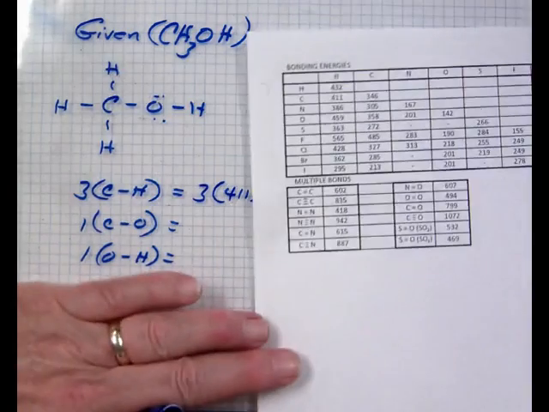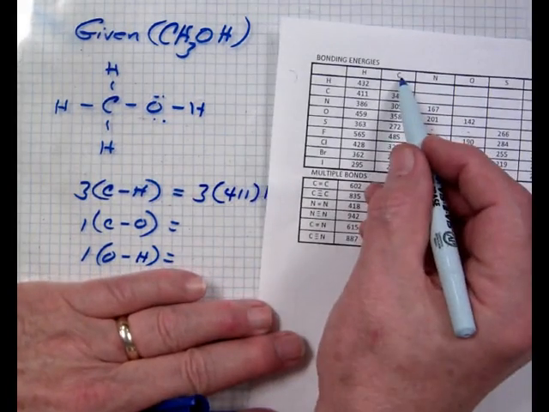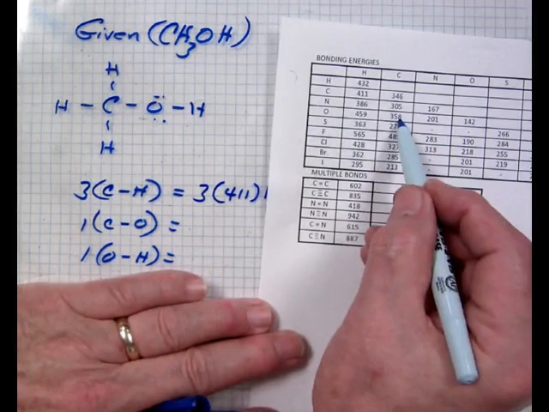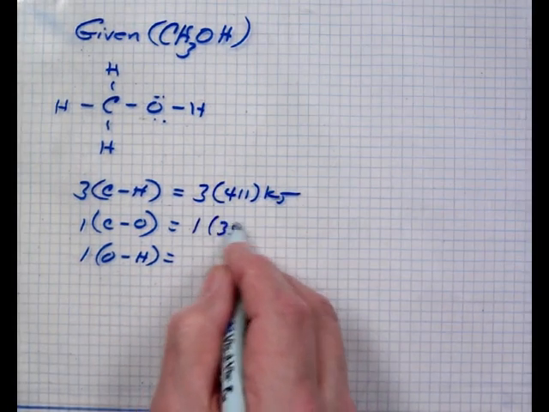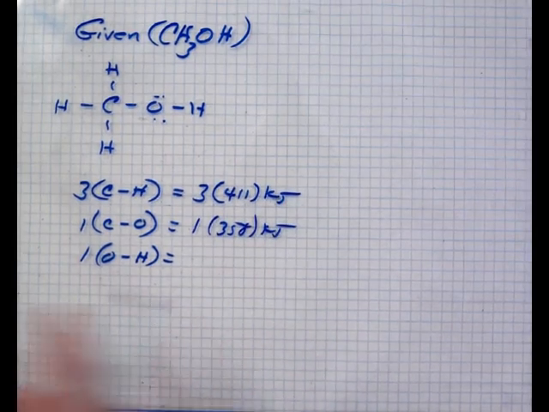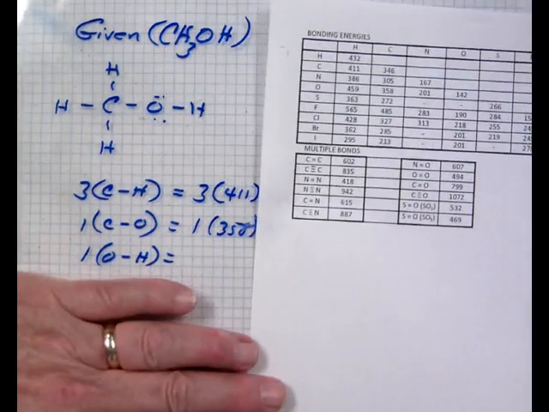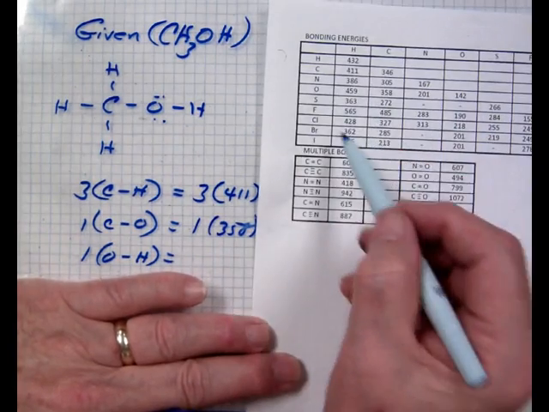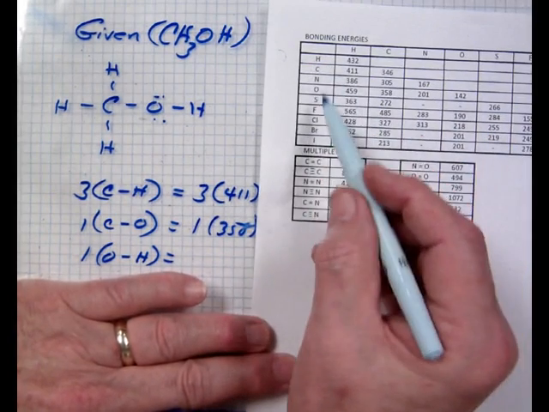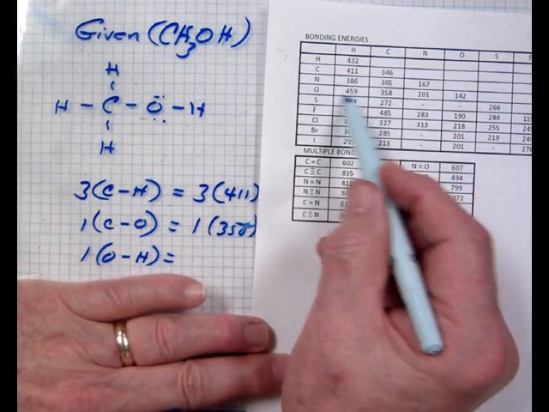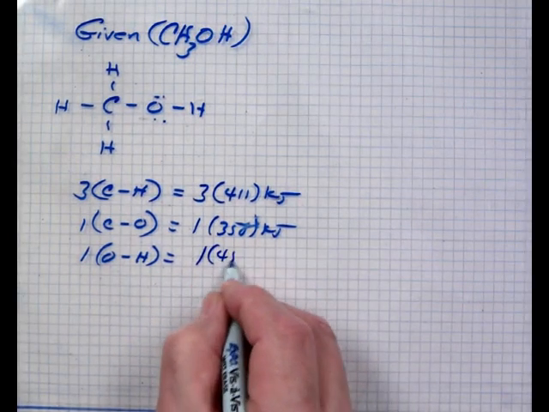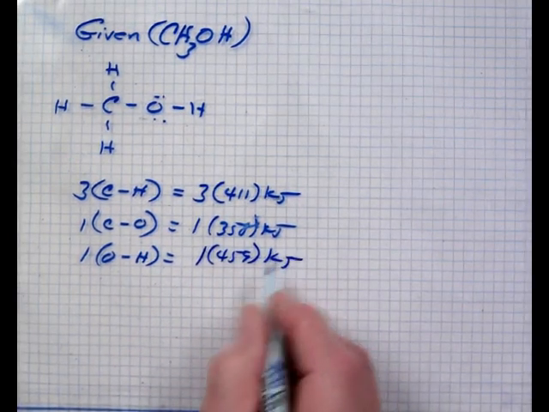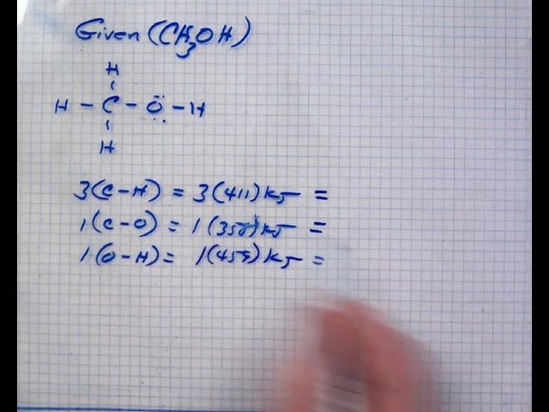Carbon-oxygen now, so I look up carbon and oxygen's 358 kilojoules. So it's 1 times 358 kilojoules. And 1 oxygen-hydrogen, so I come in here, here's hydrogen, there's oxygen and hydrogen right there, that's 459 kilojoules. So if you got the table, all you do is add these up and you'll have the total bonding energy.